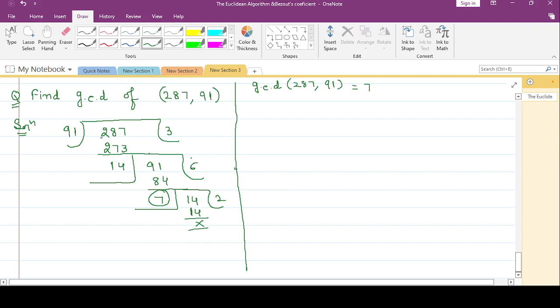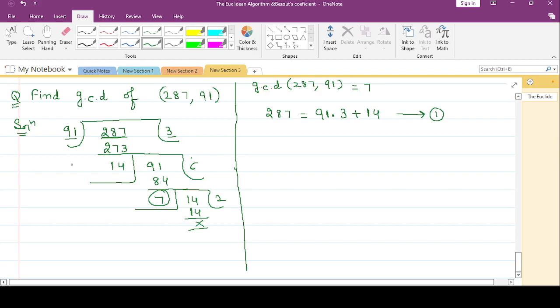Now we also know that whenever we perform division, by the division algorithm we can write the dividend, which is 287, as divisor into quotient, 91 into 3, plus remainder 14. So write it as equation number 1.